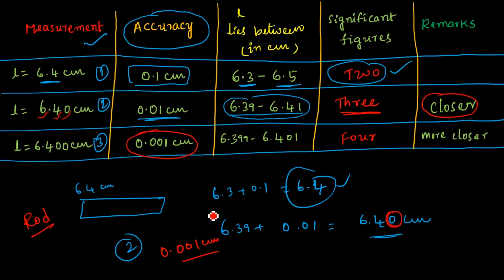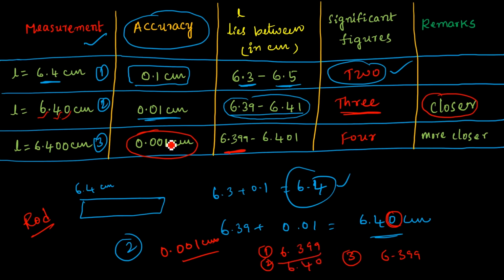So if you measure 2-3 times, trial 1, trial 2, you will get, say, trial 1: 6.399, so you can take 9, and the next trial 6.40, and trial 3: 6.39. So the minimum first point is 6.399.